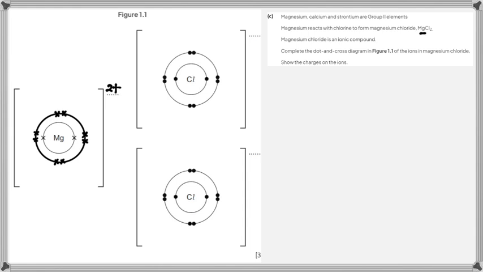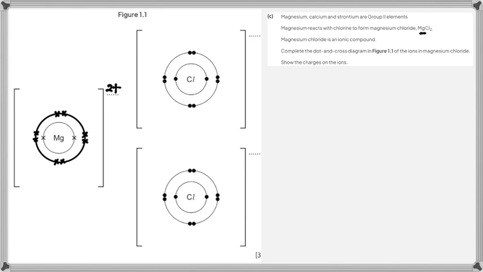Why is it 8? Take note that magnesium is element 12 in the periodic table. Because it's 2 plus, it has given a 2 plus charge, or the 2 electrons transferred to chlorine.